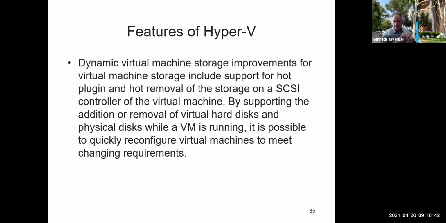Now, remember in our Server+ class, and specifically, we talk about downtime is not usually measured in minutes, it's measured in dollars, right? So when a large corporation is down for a short amount of time, it can add up to a lot of lost revenue. So they want, Hyper-V's capable of supporting hot swappability.